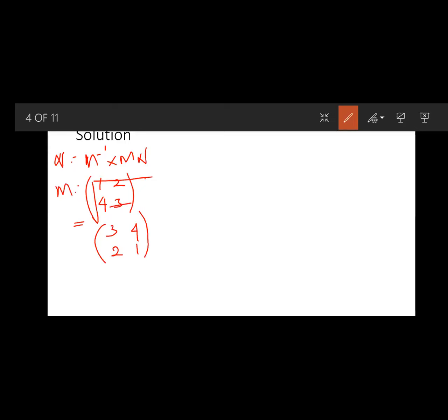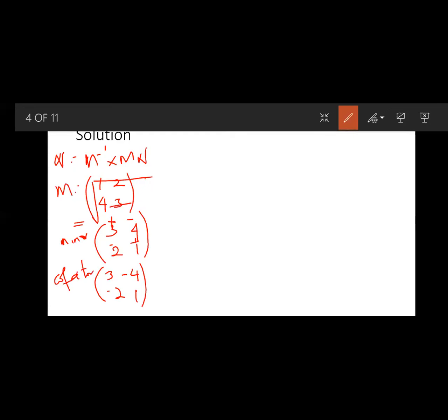So the next thing, go and find your cofactor. Plus, minus, minus, plus. So it means our cofactor will be equal to 3, minus 4, minus 2, 1. So this is the minor, this is the cofactor.